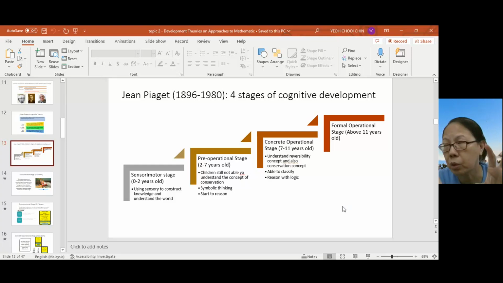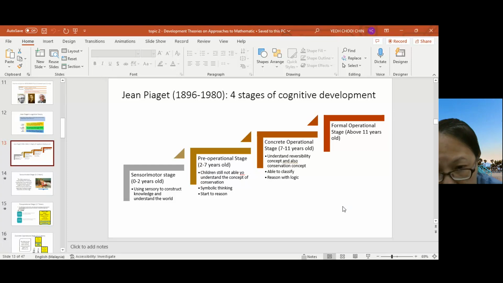This cup, when they pour into the glass, even though it looks small, they are the same amount of water, same volume. Or the length of the ribbon, even tied up, they are the same length. That is conservation.